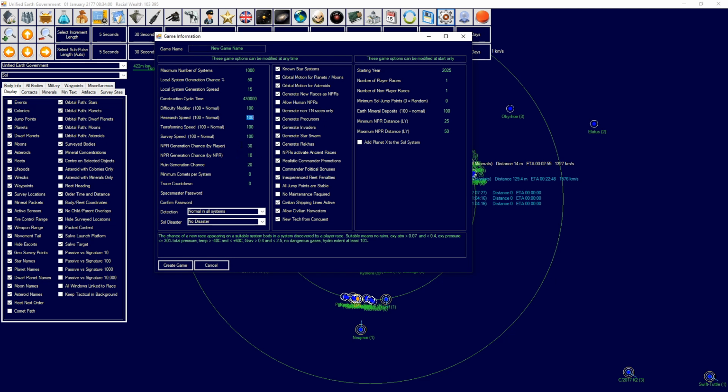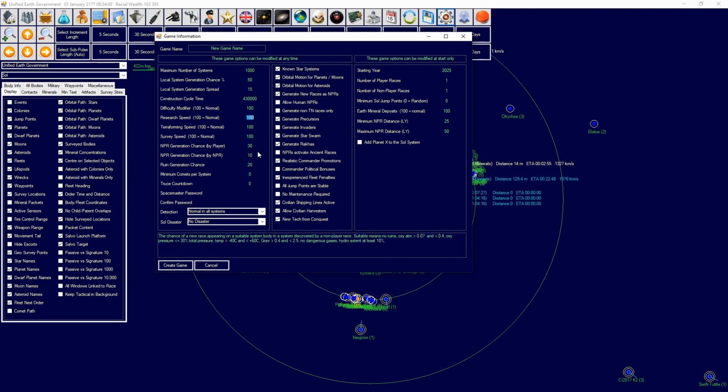So each time you enter a system, there is a chance based upon, as you can see in the tooltip here, suitable means: no ruins, oxygen atmosphere above 0.07 and below 0.4, oxygen pressure under 30% total pressure, temperature between minus 40°C and plus 60°C, gravity above 0.4 but under 2.5, no dangerous gases, and hydro extent must be at least 10%.